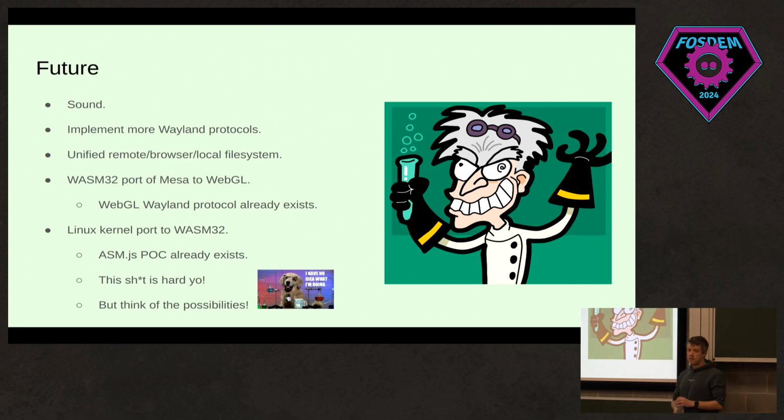ASM.js is the predecessor of WebAssembly, and that crazy person got the Linux kernel to boot up until PIT 1 at least. So I tried to do that myself using WebAssembly. Turns out it's actually really hard to port the Linux kernel to another architecture. No shit. Especially if WebAssembly is not an ELF binary.